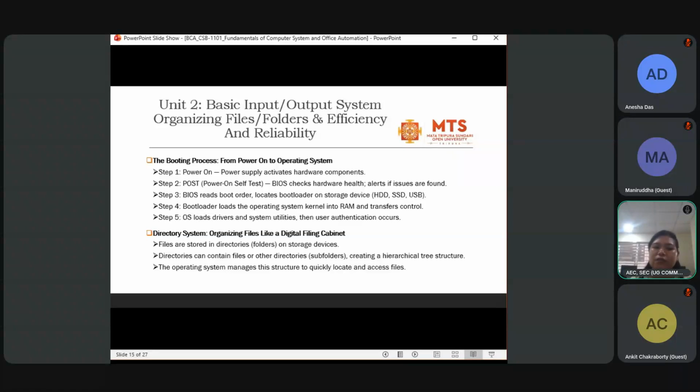Directories can contain files or other directories, like subfolders. For example, you have saved a BCA or BA folder, and under BA, so many subject PPTs will be there. Those are the subfolders, creating a hierarchical tree structure. The operating system manages this structure to quickly locate and access files.